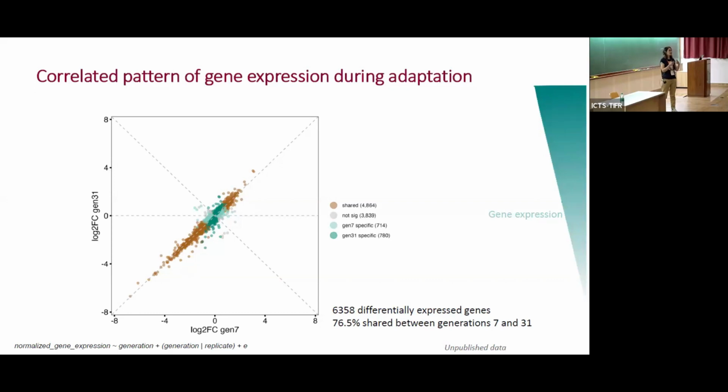And those green ones are specific to a particular time point, either generation 7 or 31. But we see that the majority of differentially expressed genes, around 76% of them, are shared between these two time points. I think it suggests that phenotypically, flies in these two generations are very, very correlated, suggesting that adaptation might have occurred really early on.